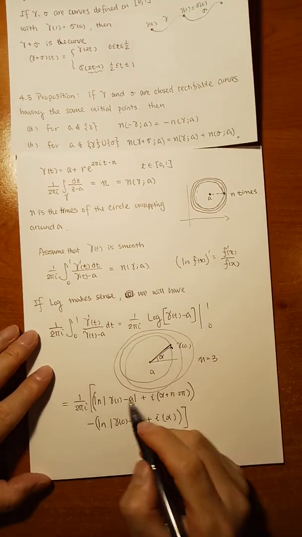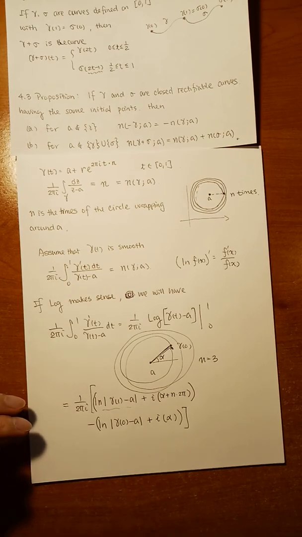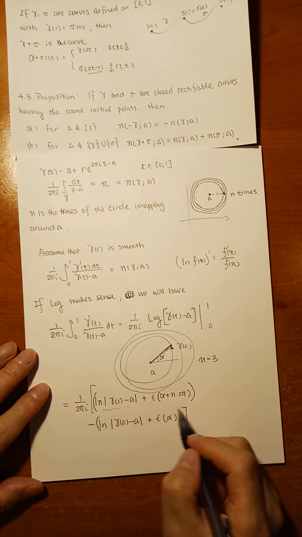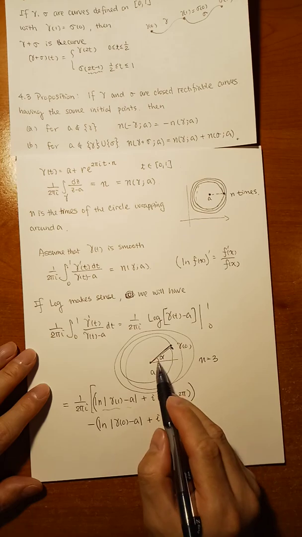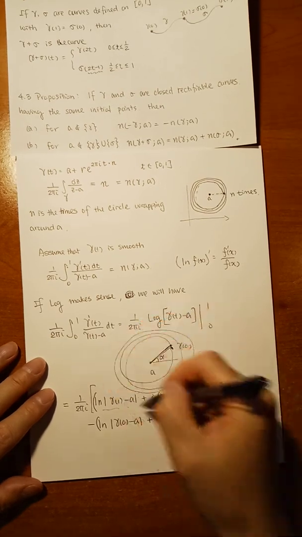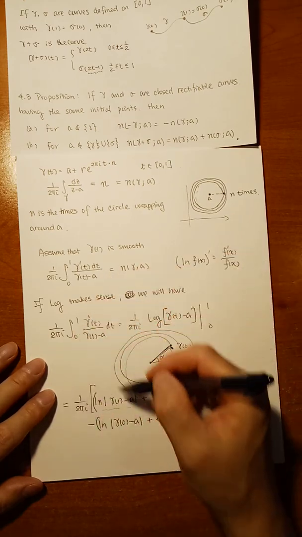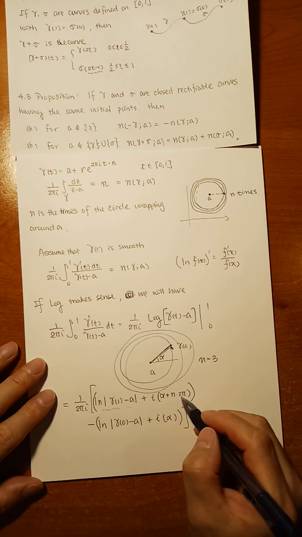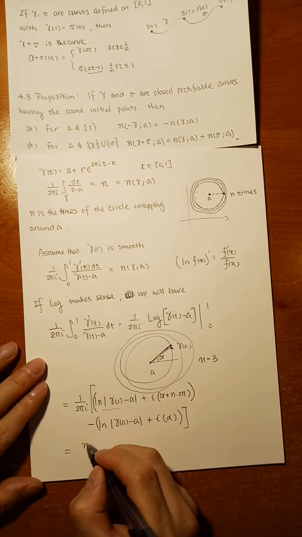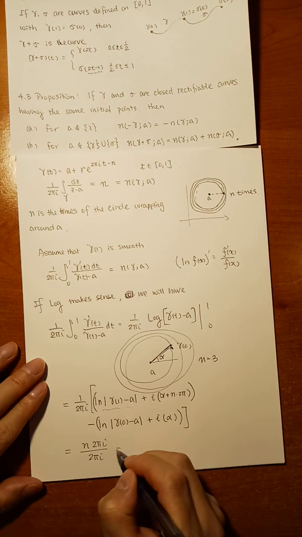And gamma is a closed curve, so the real part cancels. Only the imaginary part survives. Alpha cancels, so the initial argument is not important. The important thing is the increment. You surround n times, so it's n times 2 pi I over 2 pi I. This is n.